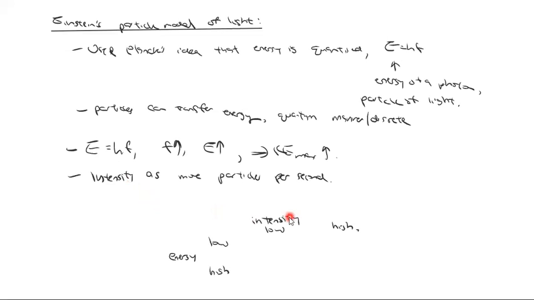Intensity is just your rate. For example, you've got 10 balls per second for low, and a high could be 10,000 per second. So that's low intensity and that's high intensity.